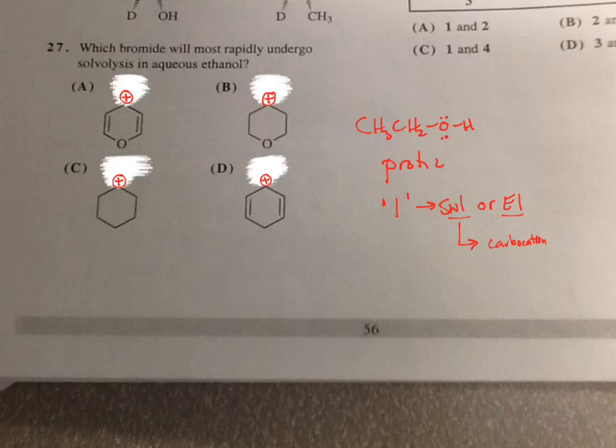I can have the double bond shift from the bond to the bond, resulting in positive charge here. Does that stabilize it or destabilize it? It stabilizes it, which means it's going to happen faster. B has no resonance, so A goes faster than B.